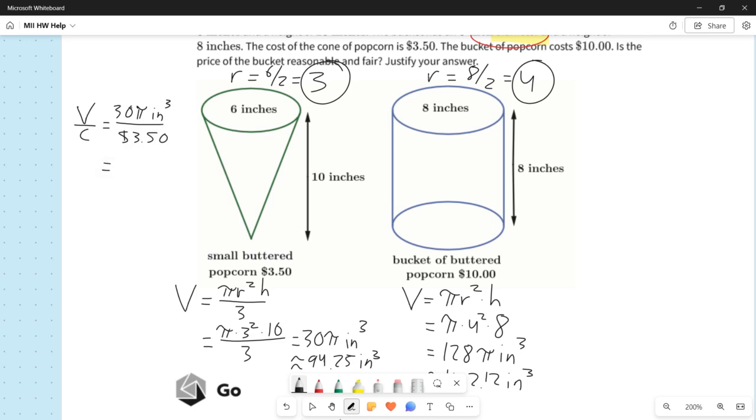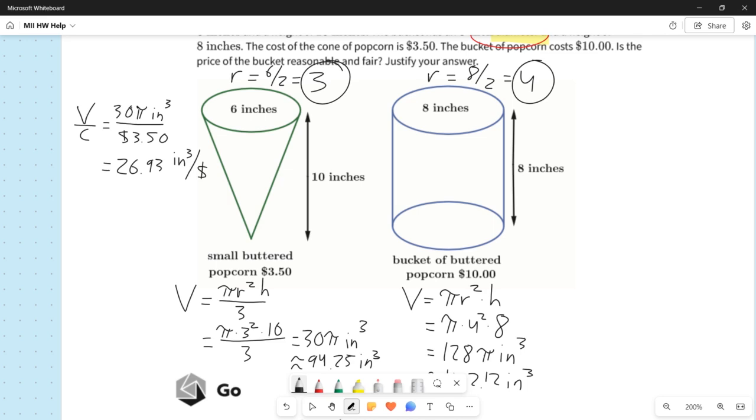So if I do 30 pi divided by 3.5, when all said and done, I end up getting 26.93 cubic inches of popcorn per dollar. So for every dollar that I spend with the cone, I get approximately 27 cubic inches of popcorn.